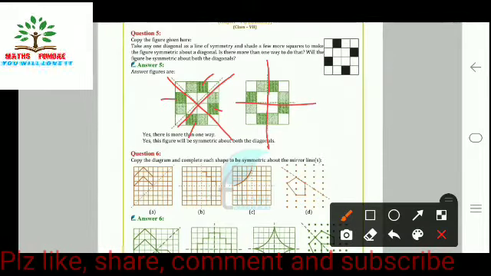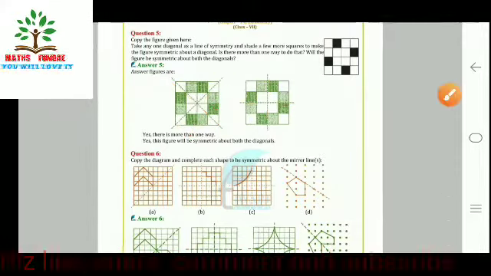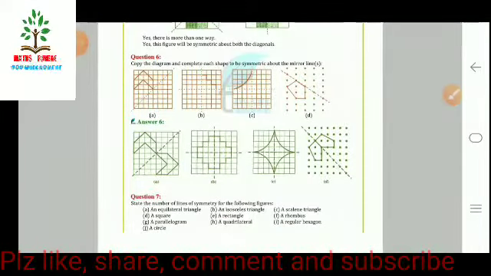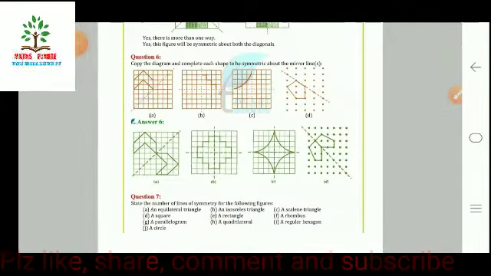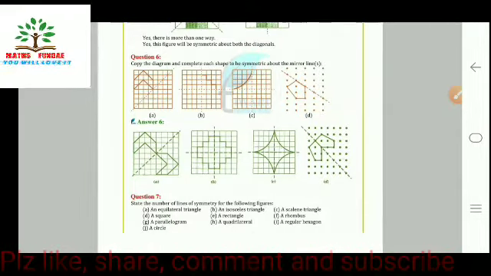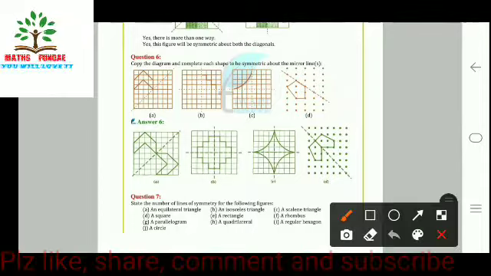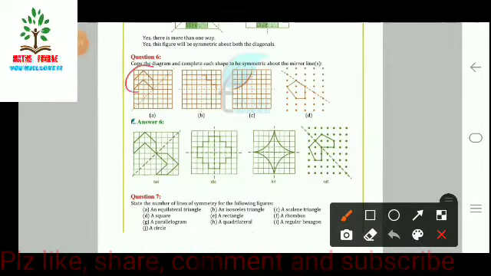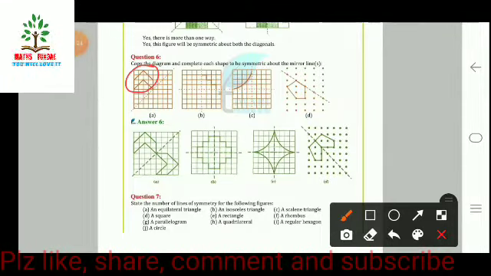Yes. Okay, coming to question number 6. What is given in question number 6? Copy the diagram and complete each shape to be symmetrical about the mirror lines. Looking here carefully, this side is given. Now we have to draw the same on the other side also.